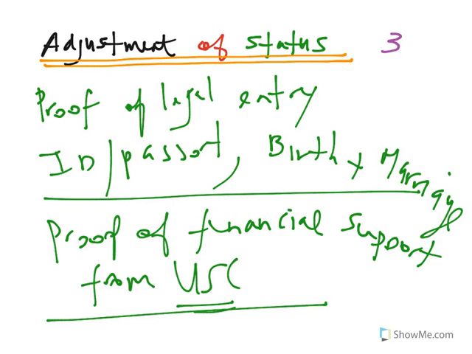Now, in case the U.S. citizen is not able to meet the poverty guidelines requirements, they can always get a co-sponsor, another person, a family member or a friend, who can provide financial documents to support the case.